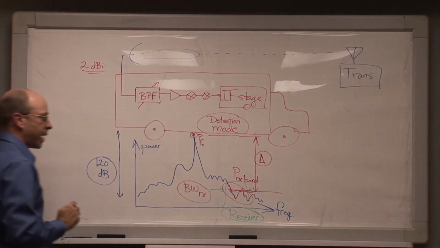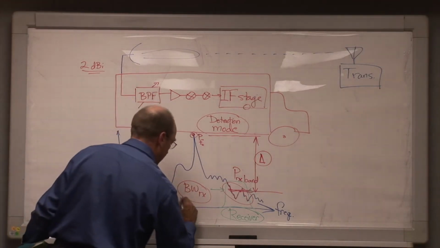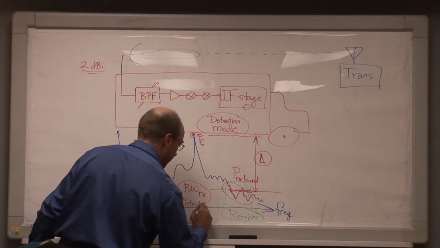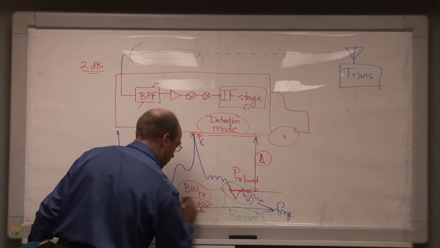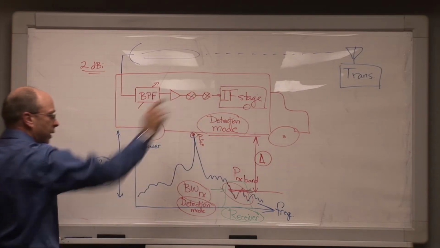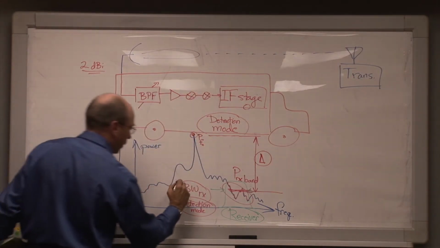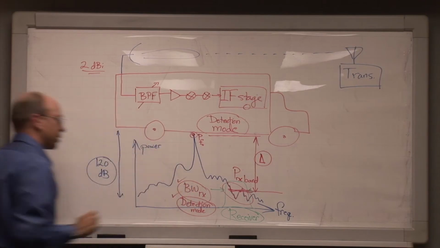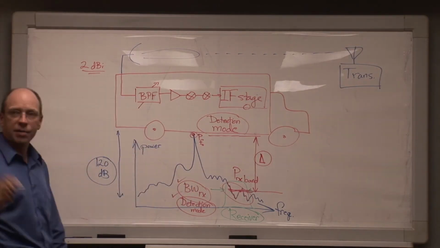We've got to measure in the bandwidth of that receiver and, again, in the detection mode of that receiver, so that we're looking at that transmitter that seems to be involved in the problem with the same bandwidth and the same detection mode as the radio that has been experiencing the problem.